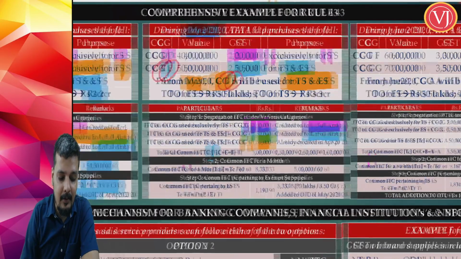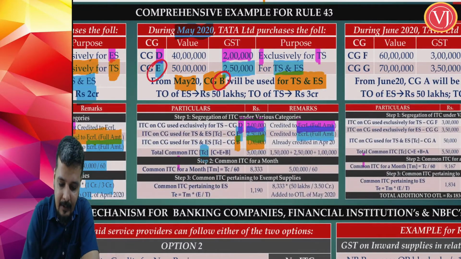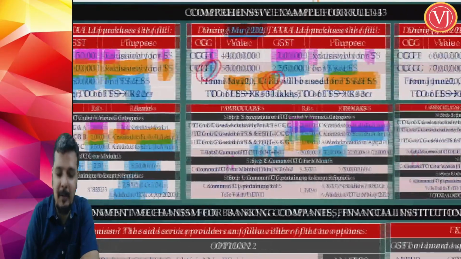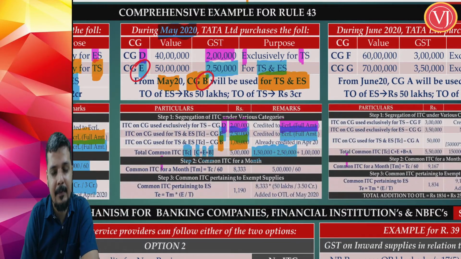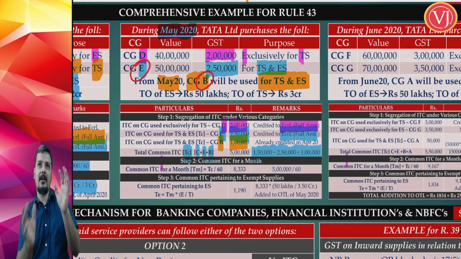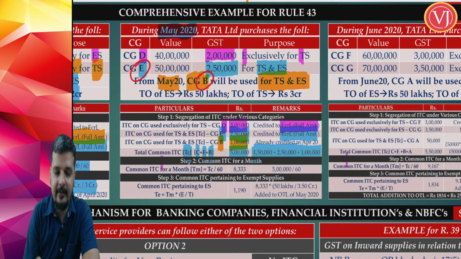So you have to add 3: capital goods C, E and B. Capital goods C credit is 1,50,000 if you can see the April month working. Capital goods E credit is 2,50,000 given in May month. Capital goods B credit is 1 lakh. Though you don't take the credit again in May, the common credit will include even that 1 lakh. So total is 5 lakhs.